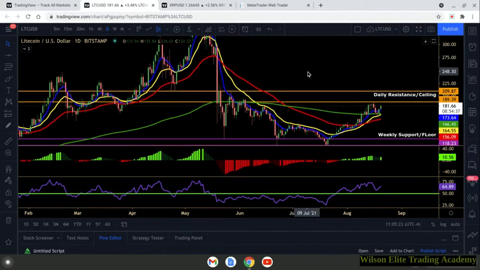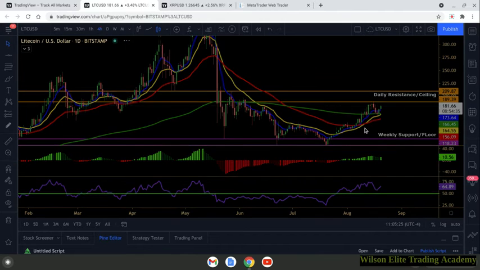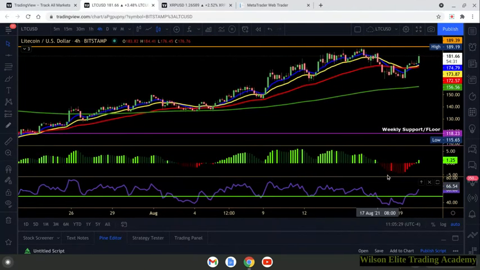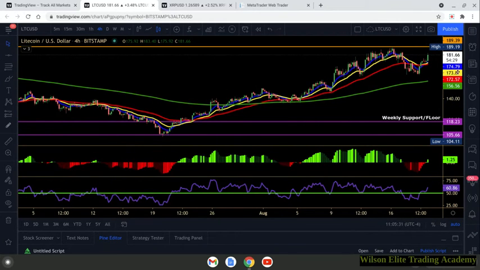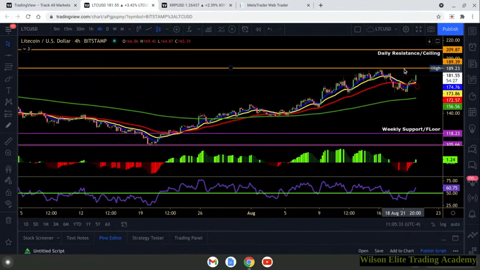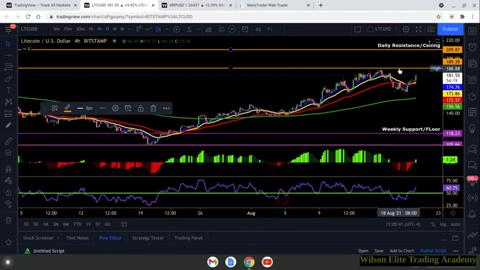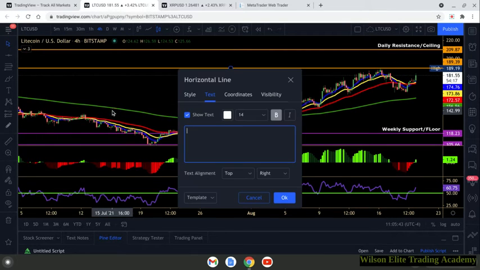So now what I'll do is I'll go down to the 4-hour chart. Now I'll zoom out once again. Make sure we write everything so we know. Let's take this to the top. Then we're going to do this right here. We're going to put daily resistance / ceiling.